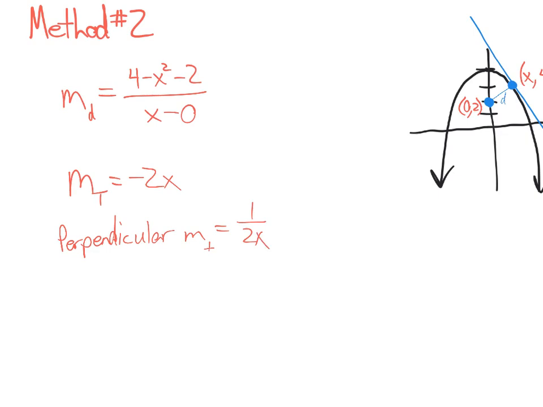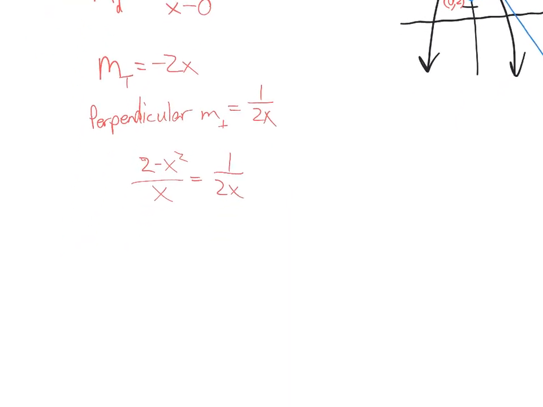So guess what? If I set the slope of d equal to 1 over 2x, I should be able to solve for x, right? Let's try it. So I have 2 minus x squared over x, there's my slope of d, equals 1 over 2x. Actually, let's not cross multiply.